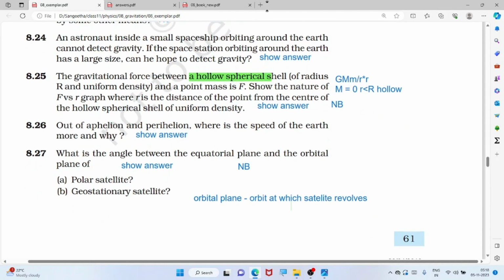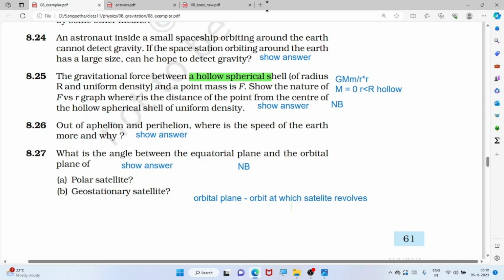The gravitational force between a hollow spherical shell of uniform density and a point mass is F. What is the nature of the graph of F versus r, where r is the distance of the point from the center of the hollow spherical shell?